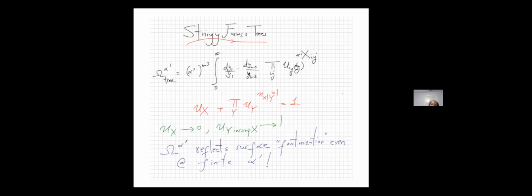And that means that in these powers, all the ones that involve the incompatible variables disappear because all of those u's go to 1, even when alpha prime is finite. And that's the crucial thing, is that omega alpha prime reflects the factorization of the amplitude and the factorization of the surface, even at finite alpha prime. Not just as alpha prime goes to 0, but even at finite alpha prime. And that's a magical thing.